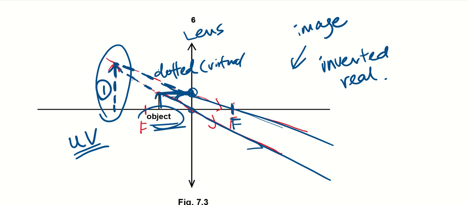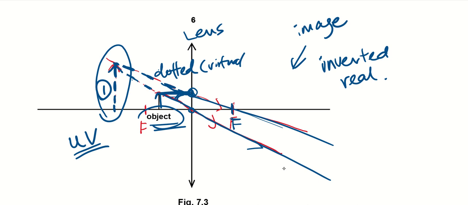Now it is very important for you to do your own drawing when you're doing your revision for ray diagrams, for lens diagrams, because when we present the final answer to you, it seems quite easy, but you actually have to try to do it. So when will this happen?